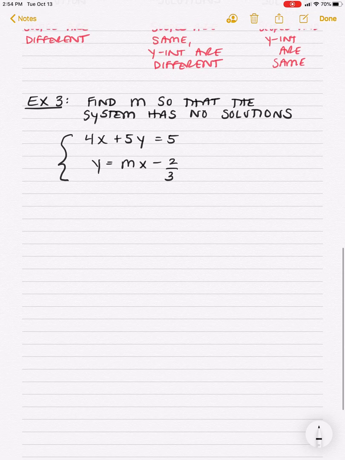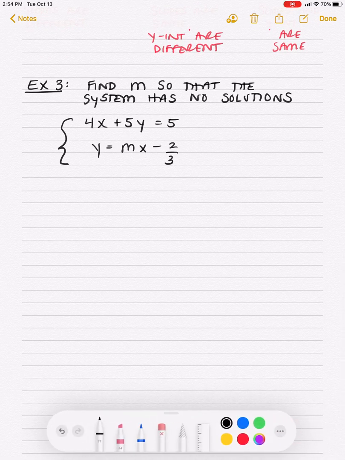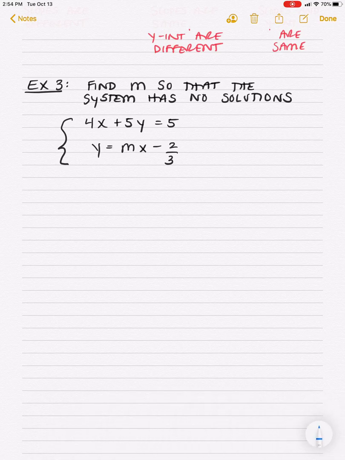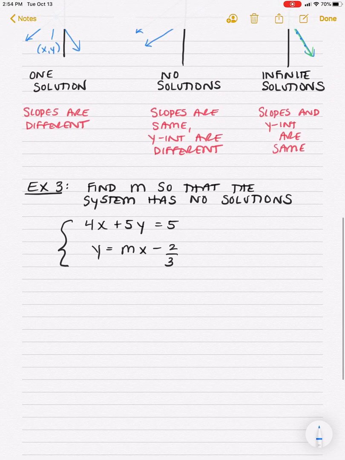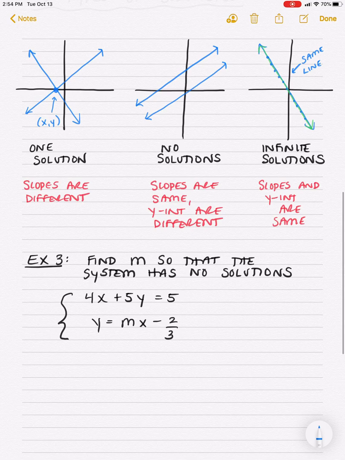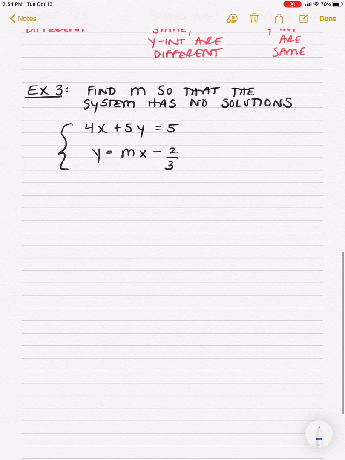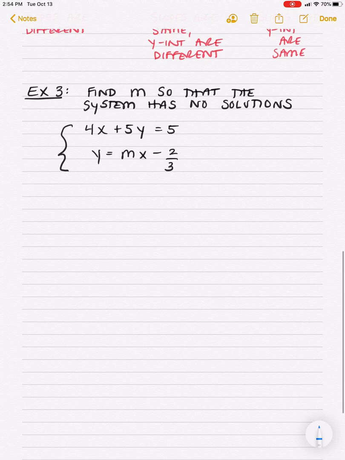Okay, so with these, what we need to do is we need to find our entry point. And since we just talked about the slopes and how the slopes are changed depending on if you have one solution, no solution, or infinite solution, I think a good strategy for this would be to rewrite both equations into slope-intercept form.